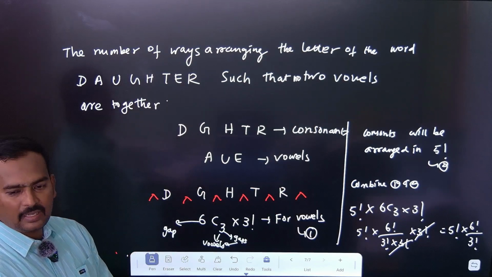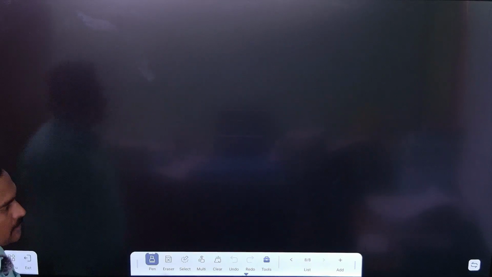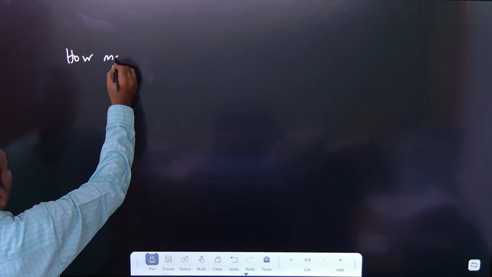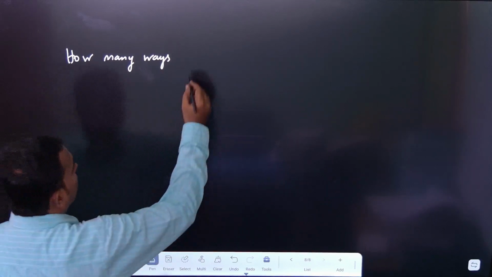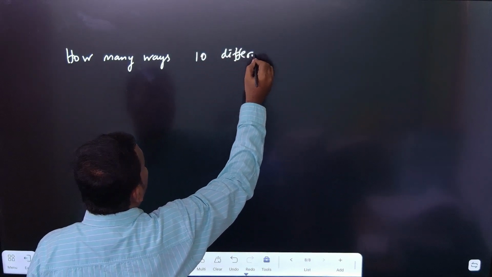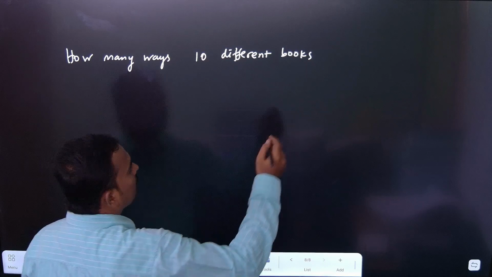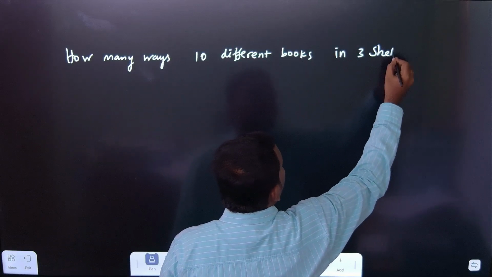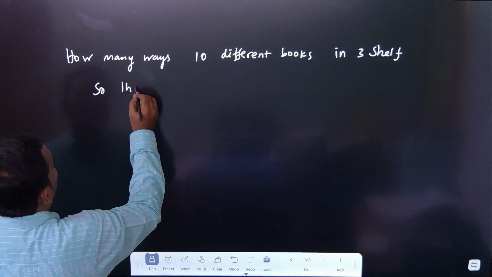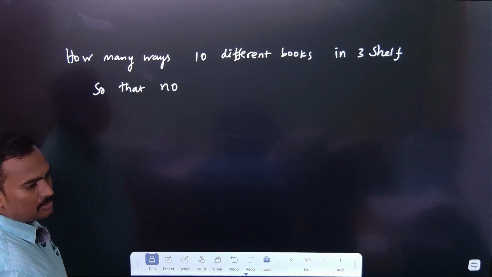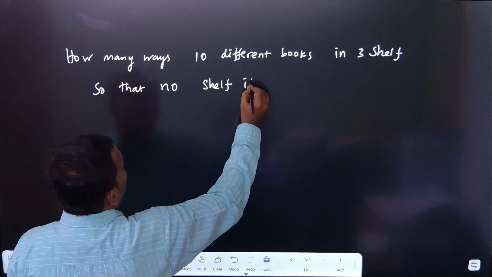Okay, let me take one more question. How many ways can 10 different books be arranged in 3 shelves so that no shelf is empty?